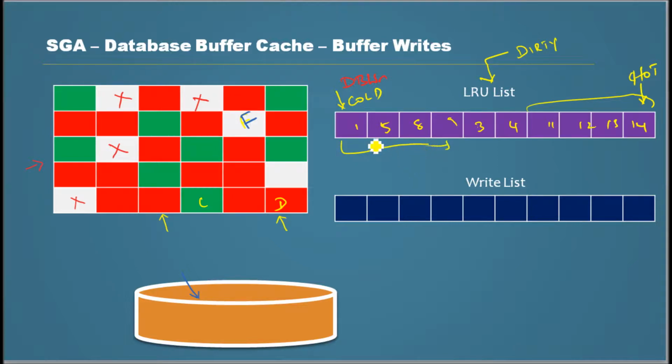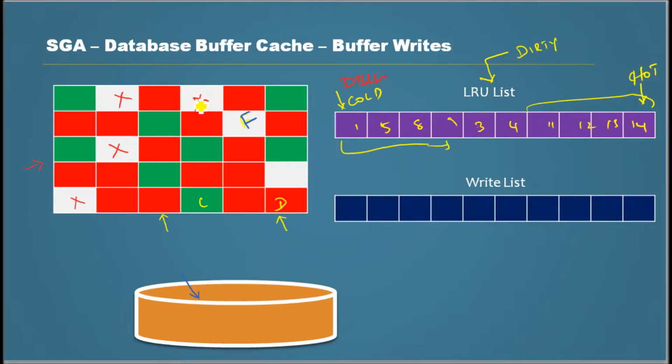If the number of dirty blocks goes high, then again the write to data files gets signaled.